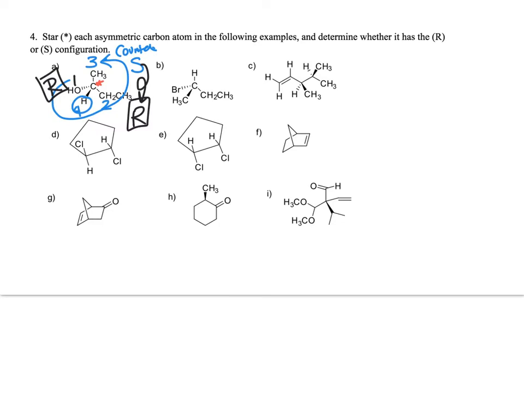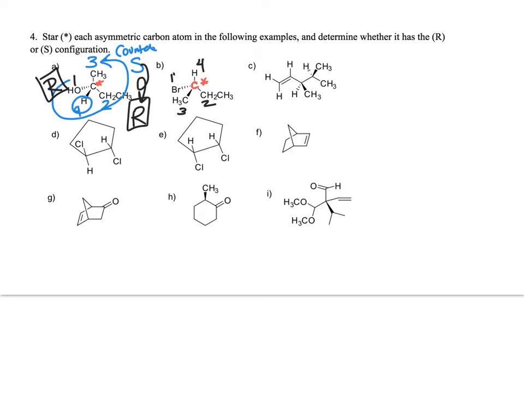Okay, so A is R. Let's do the next one. Do you see your carbon that's connected to 4 different groups? Yes. So we can go ahead and assign hydrogen 4. Now we have bromine. Bromine has a molecular mass of like 79, so we're going to make that 1. Now we have this CH3, so this one's going to be 2, and then the ethyl is going to be 3.